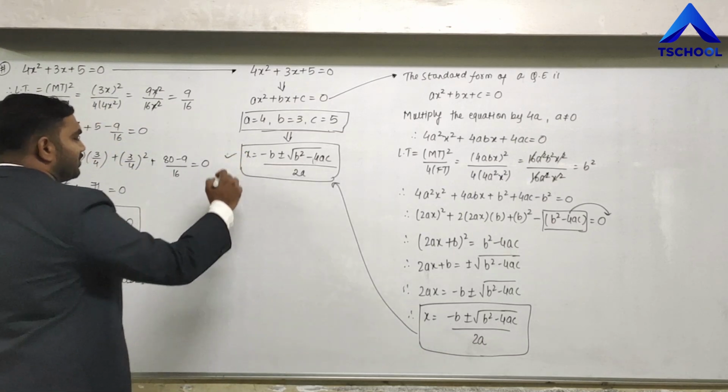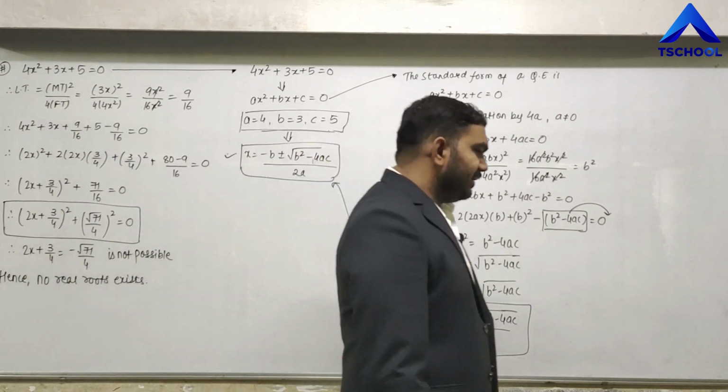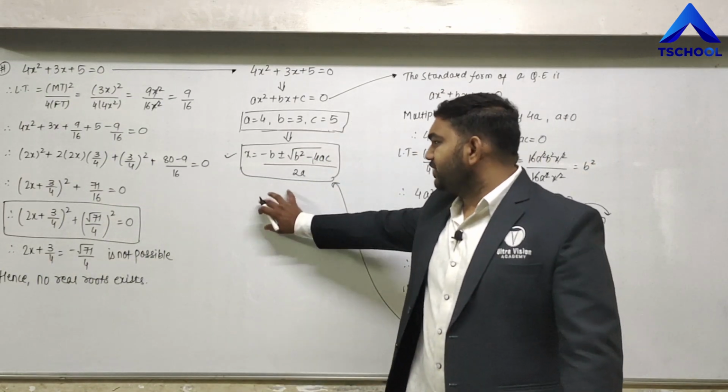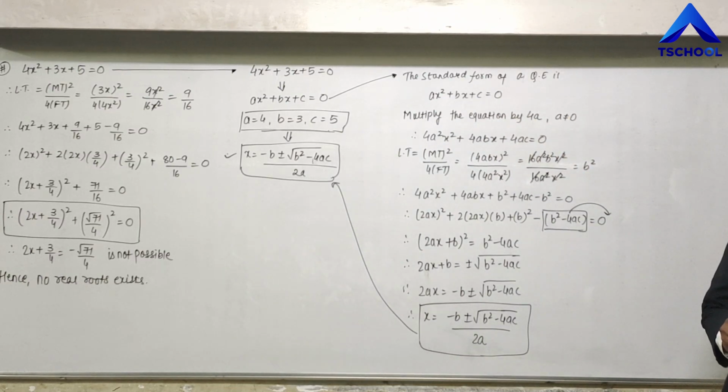That means the roots of the equation by the completing a square method of the general form, which leads us to the quadratic formula, is x equals to minus b plus or minus root b square minus 4ac upon 2a.